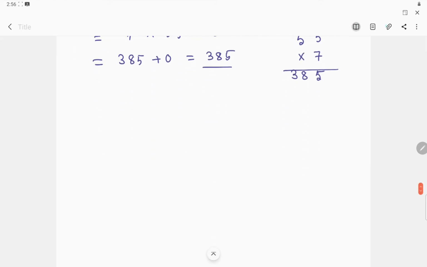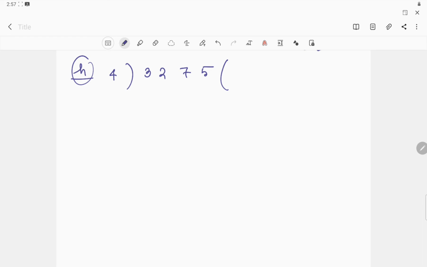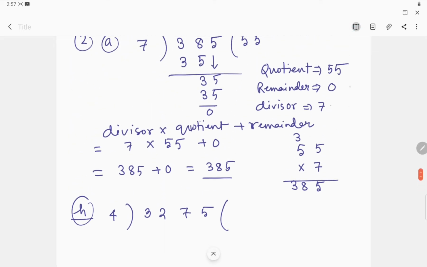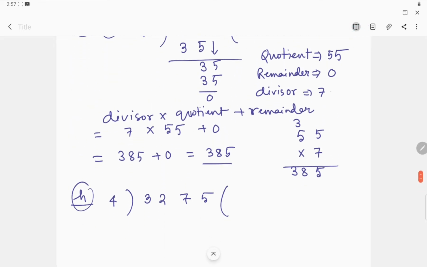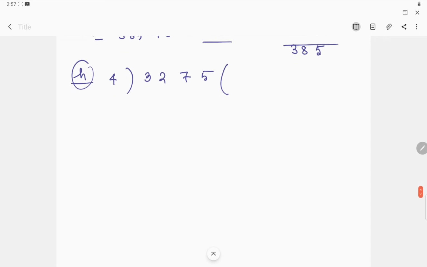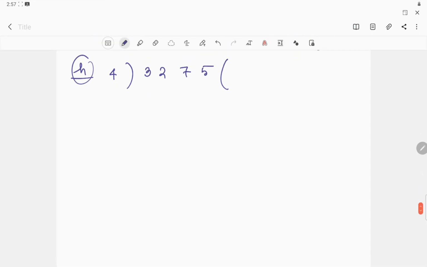Now I am taking the H number example. I was going to take the I number, but now I solve the H number because the I and A number examples are most probably the same. So if you take 3, you can't divide, so you have to take 32 as a dividend. 4 8s are 32.